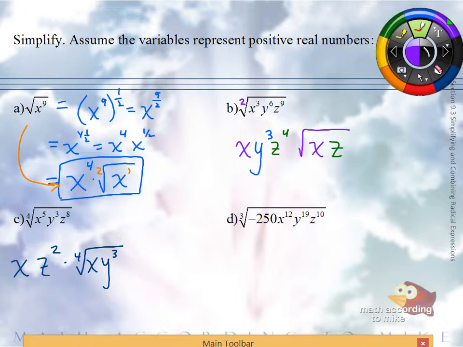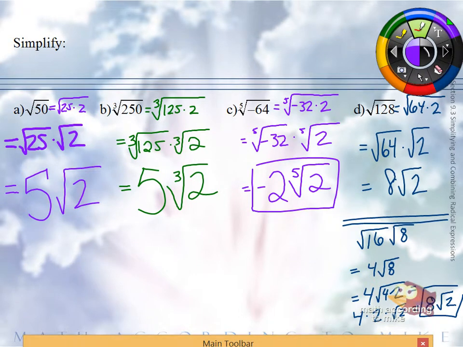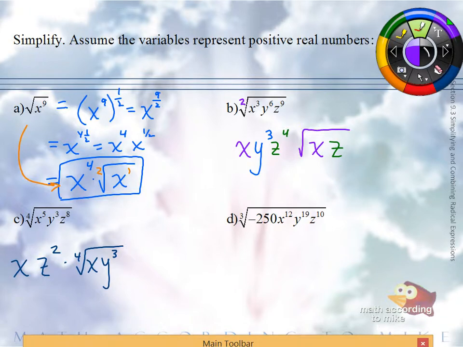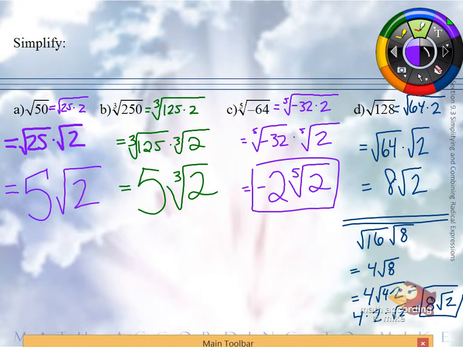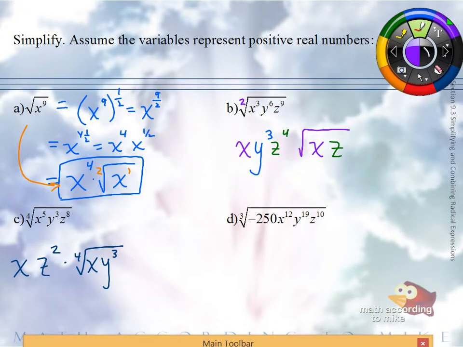All right. So part D is just like our previous guys, because our 250 is not a perfect cube, but it contains one. Which one does it contain? Negative 125. Good. So let's do this in stages. I'm going to write side work over here.